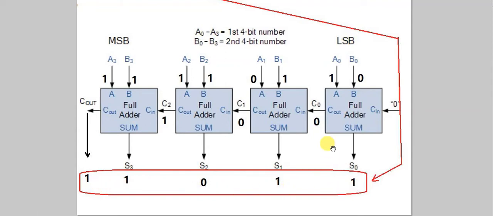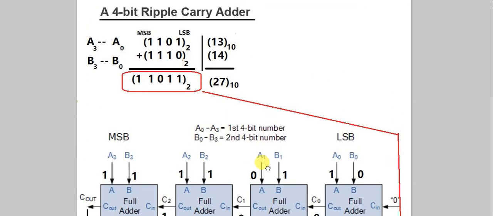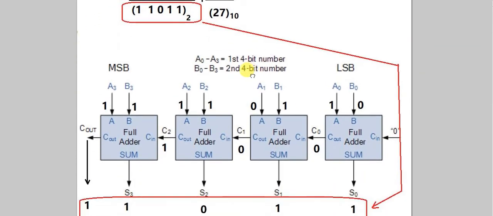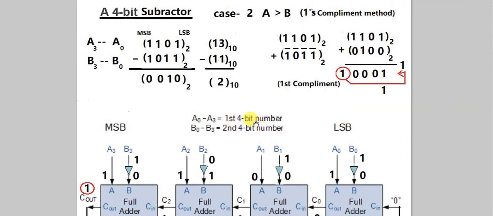This is how 4-bit binary numbers are added together. Now let's see the next: the binary subtractor. This is 1's complement when A is greater than B. This time 13 is the number and 11 is the number to subtract, 13 minus 11, so this is 1101 minus 1011. Obviously the minuend is higher than the subtrahend, so we should get 2.